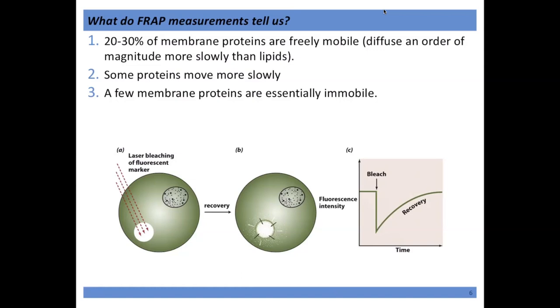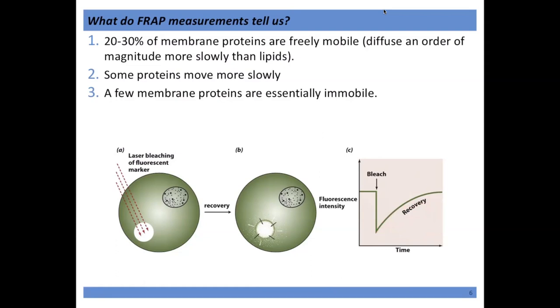So this is just a general example, but if you labeled a specific protein in here and you only saw partial recovery, or you saw a very delayed time, or let's say that you never saw recovery, that would give you information about the mobility of that type of protein.